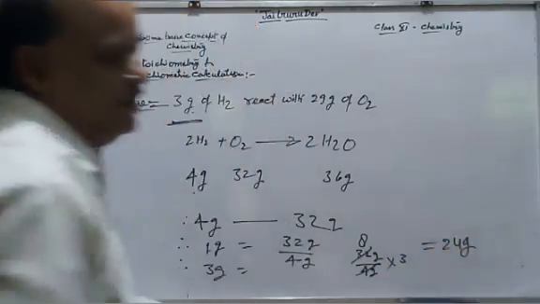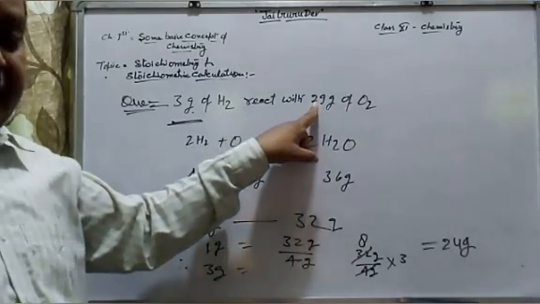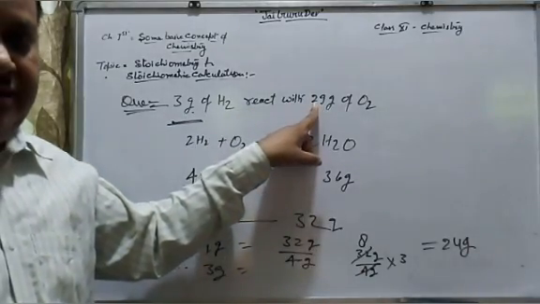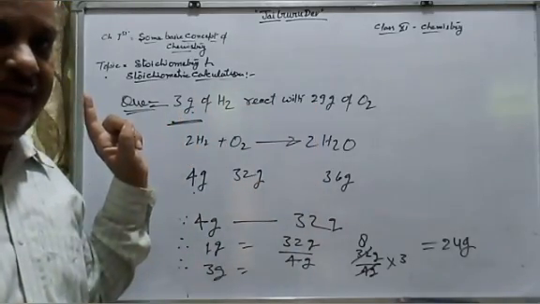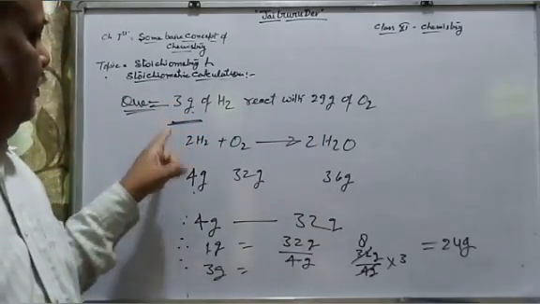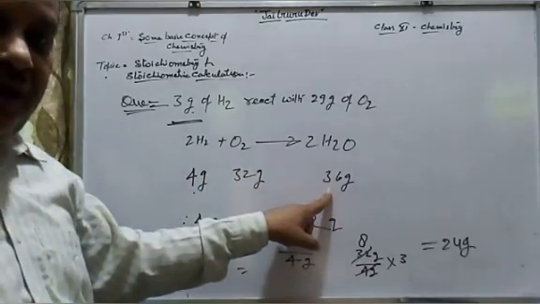24 gram of oxygen is needed, but the amount of oxygen is 29 gram. So the oxygen is in excess amount, hydrogen is the limiting reagent. Okay. 4 gram hydrogen produces 36 gram of water vapors.